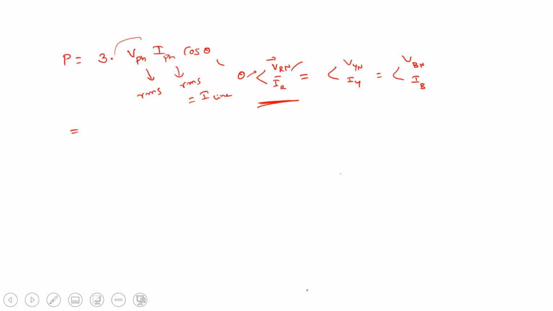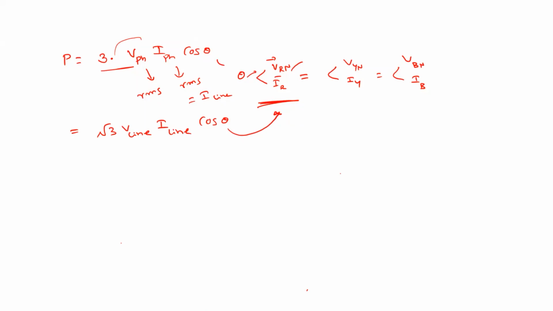V phase is 1 by root 3 times the line voltage, so this can be written as root 3 times V line into I line, both are the same, into cos theta. Agree? This theta is still the angle difference between the phase voltage phasor and the phase current phasor.